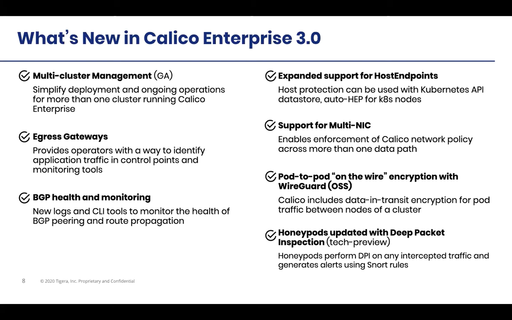We also have expanded support for host endpoints. So host endpoint is essentially a custom resource that's part of Calico. It's also part of Calico Enterprise, and it defines a resource of the host itself.